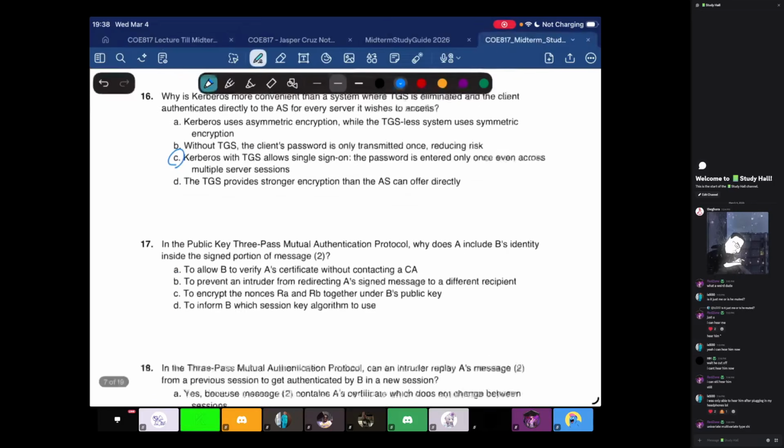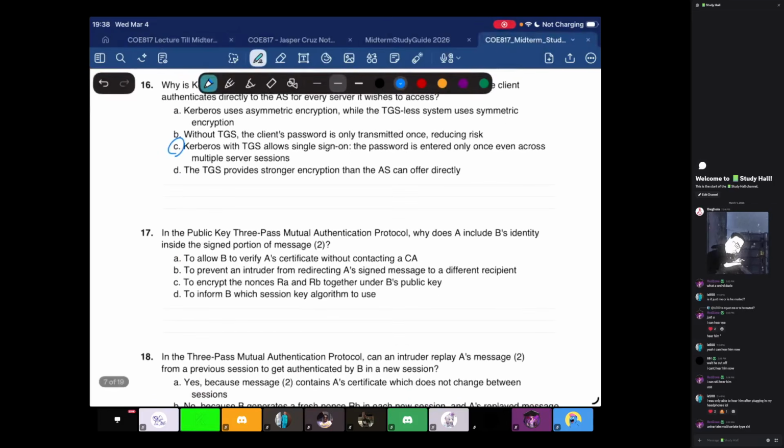But when we refer to the 3-pass mutual authentication protocol, it's for the mutual authentication between you and the person that you're communicating with. In the second message that is being sent, you have to include the other person's identity in the signed portion of your message to prove that I am who you think I am, and you have sent me that previous message, and now I'm verifying that I am who I am to you.